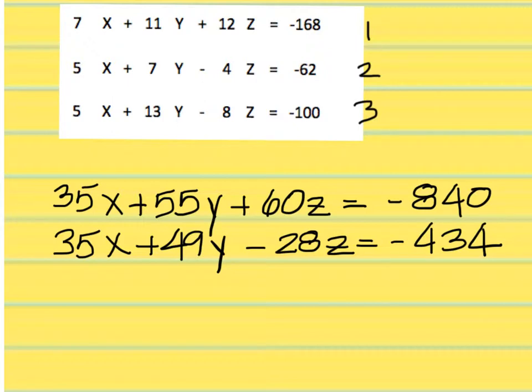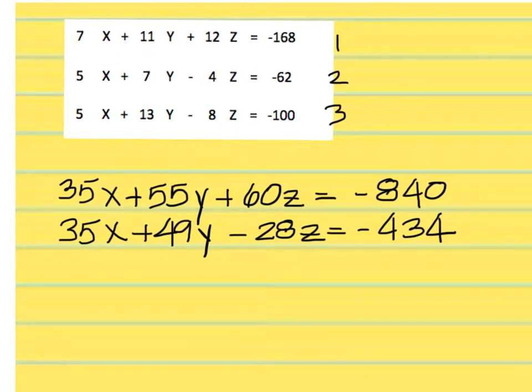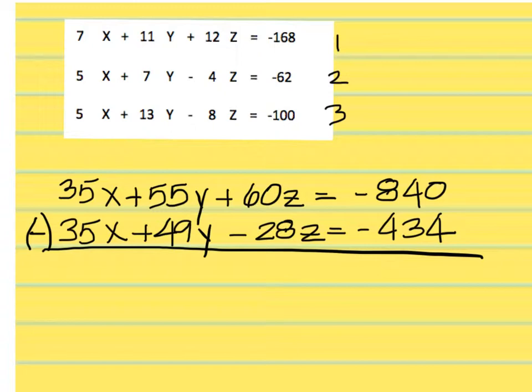You have positive 35 x's on the left. To eliminate them to 0, the operation you would have to use is minus. 35x minus 35x is 0.